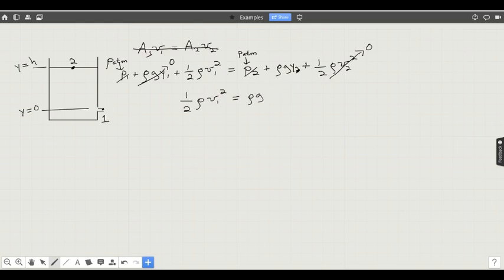We said y2 is equal to h. Now our densities cancel. We're solving for V, so take the 2 over, and then we take the square root. So V1 is equal to square root of 2gh.